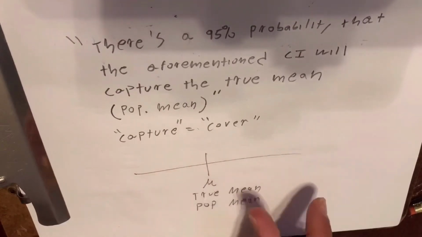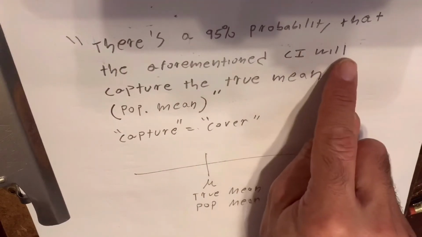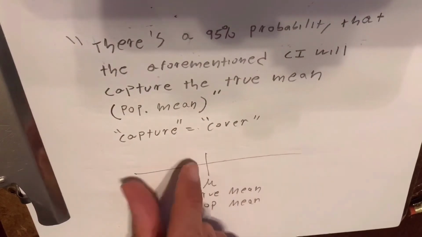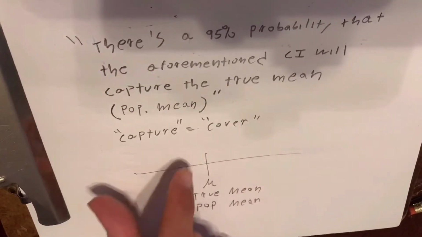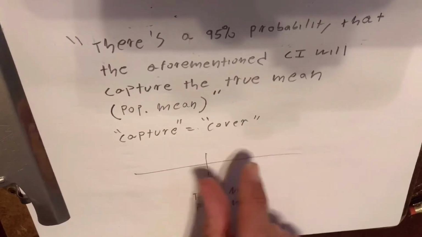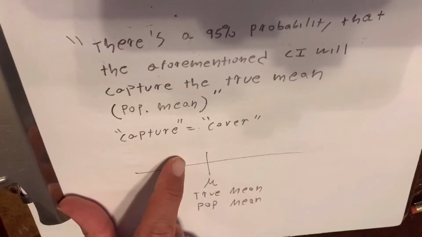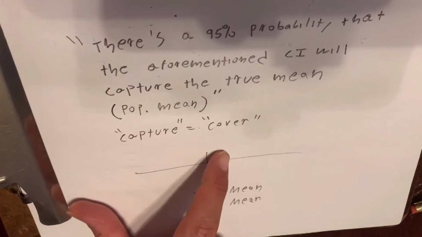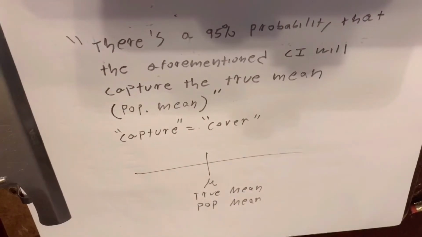So what we're saying is there's a 95% probability that this confidence interval will capture the true mean. 95% of the time, these replications will capture the true population mean. Sometimes it's not. But most of the time it will. So that's the idea of the confidence interval.